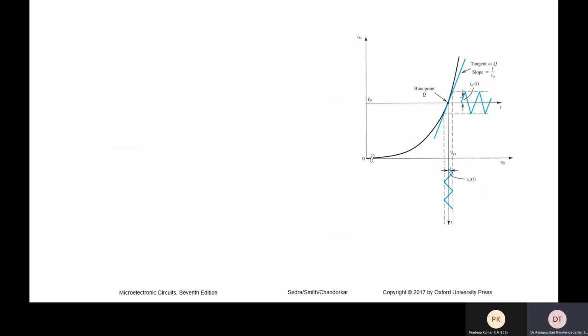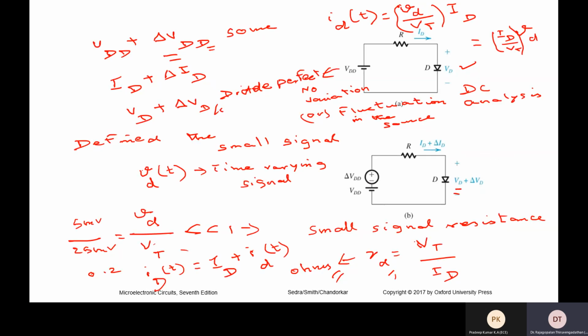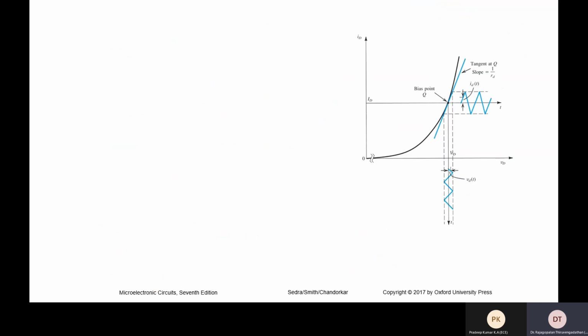Now to get further insight about this, we are going to understand this graphically. So we take the typical IV characteristic of a diode. This is the IV characteristic of the diode.